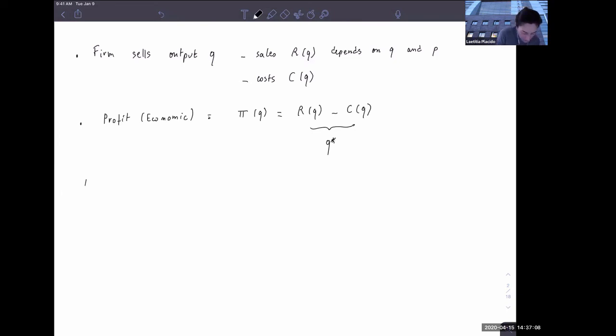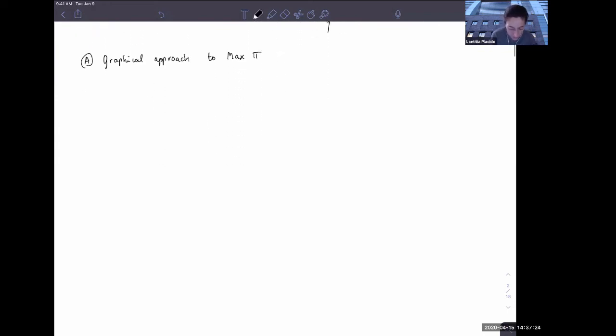So, graphical approach to profit maximization. I'm going to draw a graph here.